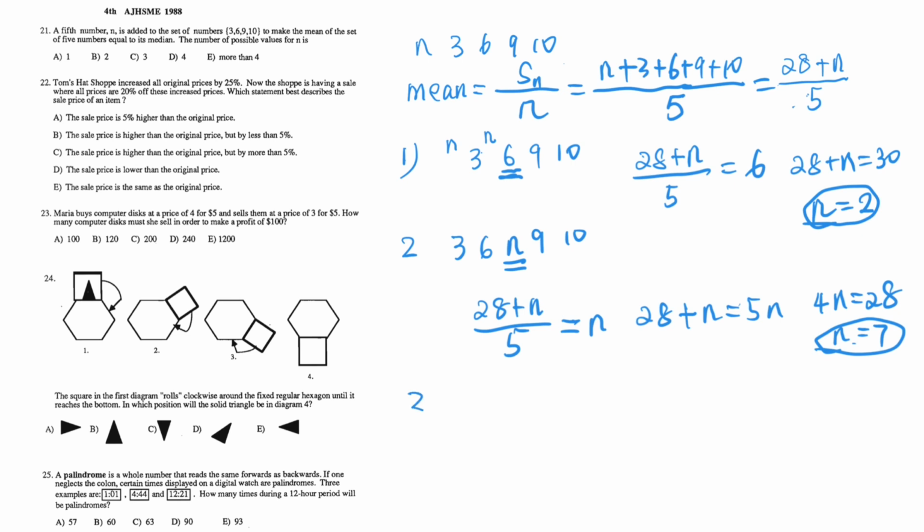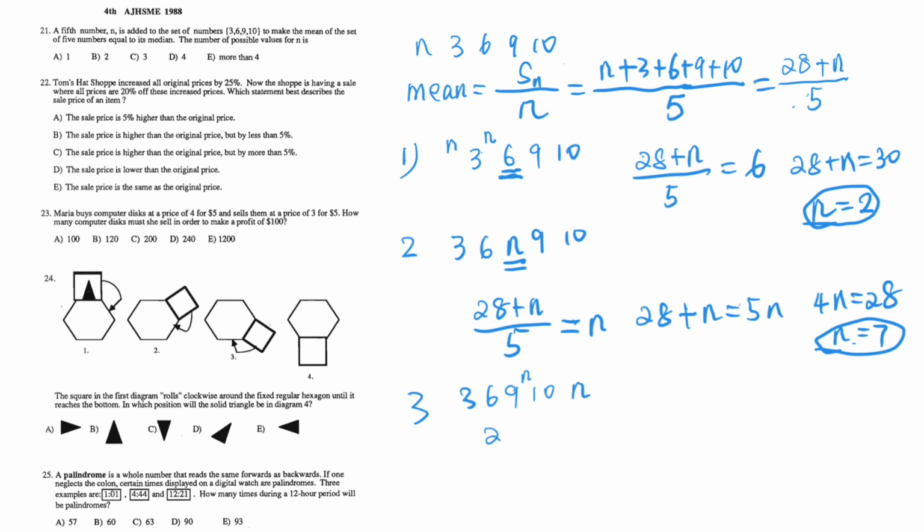Now case 3, the order is 3, 6, 9, 10, and n. Here n can be between 9 and 10 or greater, which means n is greater than or equal to 9. In this case, the median is 9.